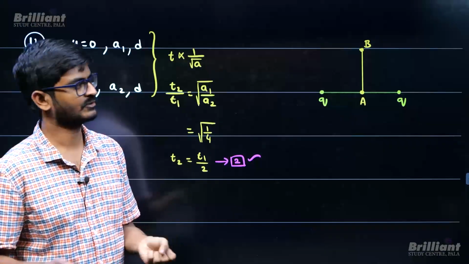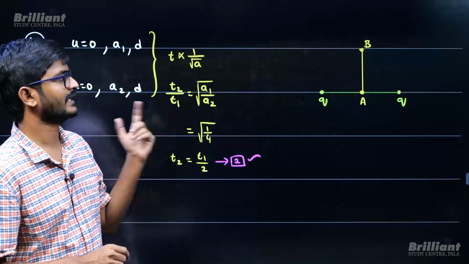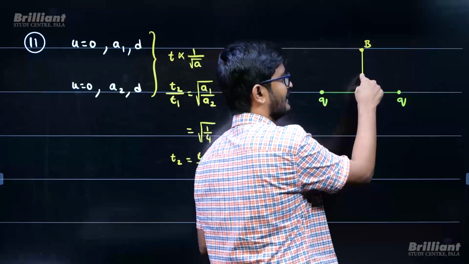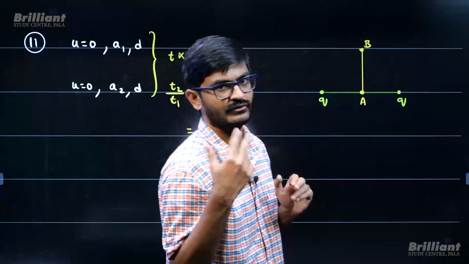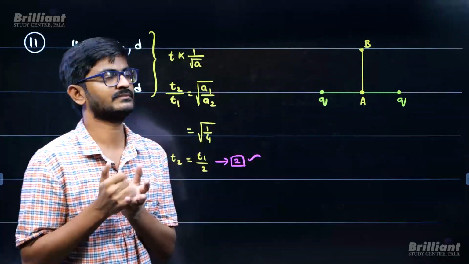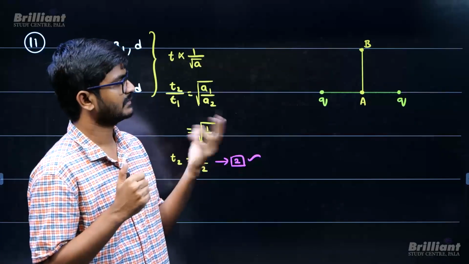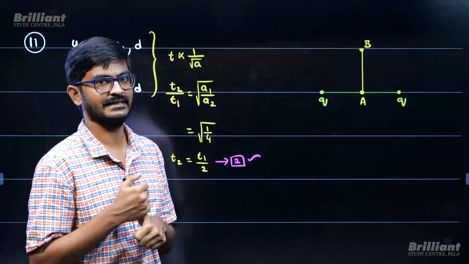So obviously time has to depend only on the acceleration and distance traveled. Distance traveled is the same, but if in the second case it is at the same point, then the forces are exactly 4 times, so the accelerations will be exactly 4 times.